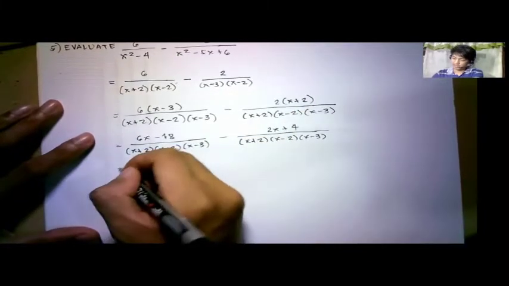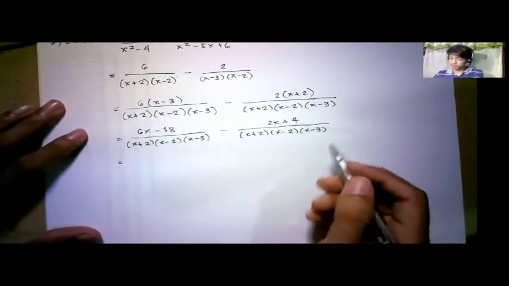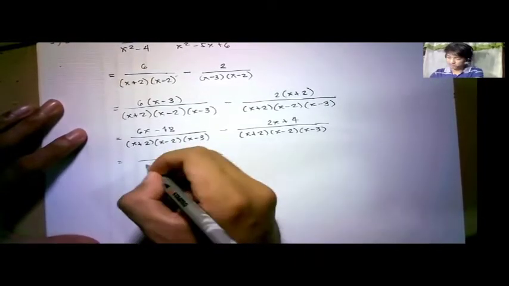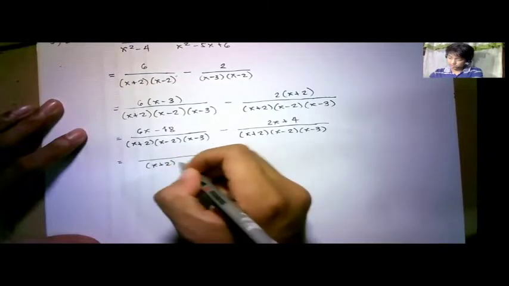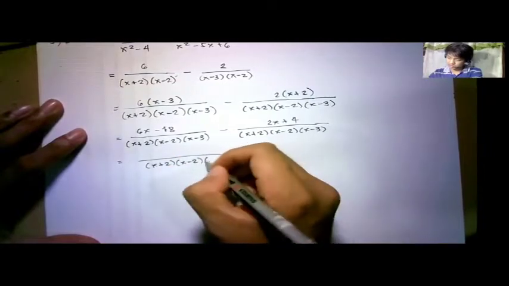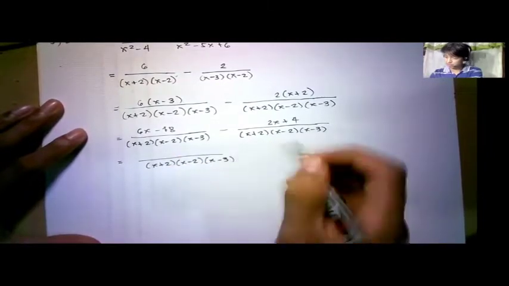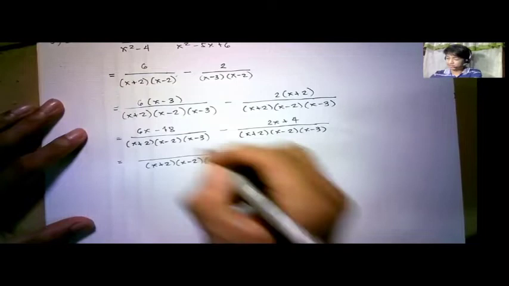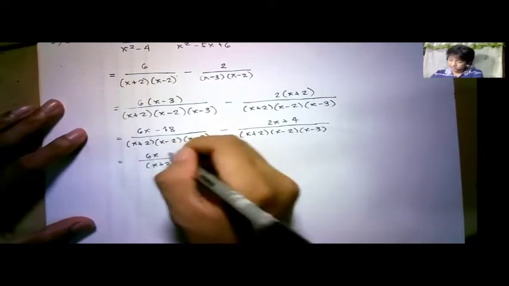And then collect like terms, or we can evaluate them already. So we are just going to write down the LCD, which is x plus 2 times the quantity x minus 2 times the quantity x minus 3. Okay. And then write down 6x minus 18.